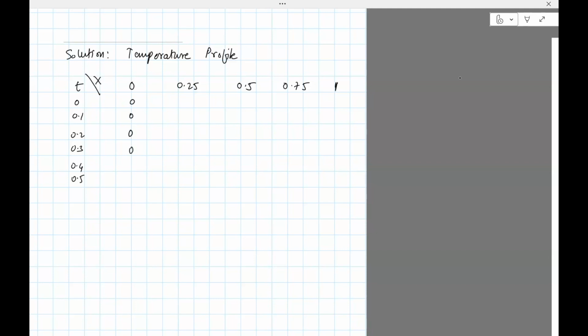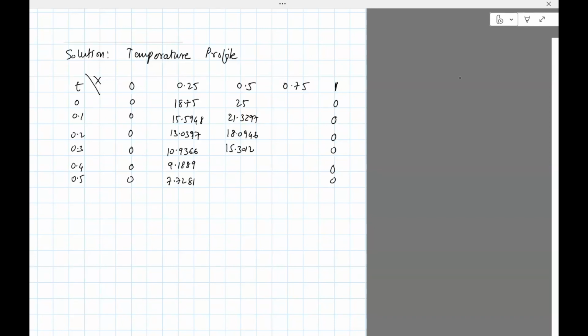So there'll be all zeros for the first time. Then 0.75 and 59, 48, 13.0397, 10.9366, 9.1889, 7.7281, 25, 21.327, 9, 46, 15.3012, 12.9159, 10.8914.